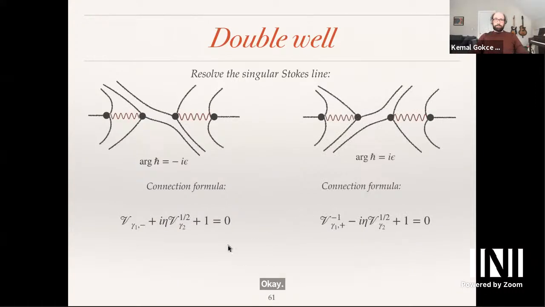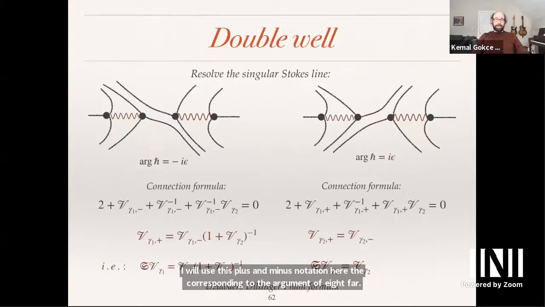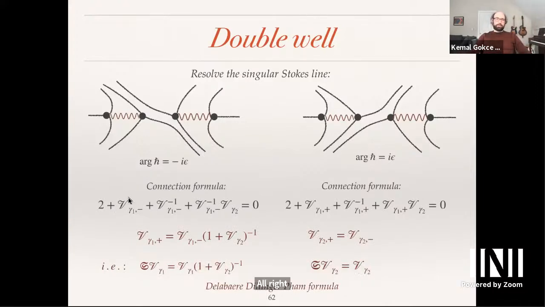Yeah. So compare these two. The second Voros symbol, V of gamma 2, doesn't change. So in order to distinguish between these two cases, I will use this plus and minus notation here, corresponding to the argument of h bar. All right. Now I massage it a little bit. I take the square and so on of the connection formula.